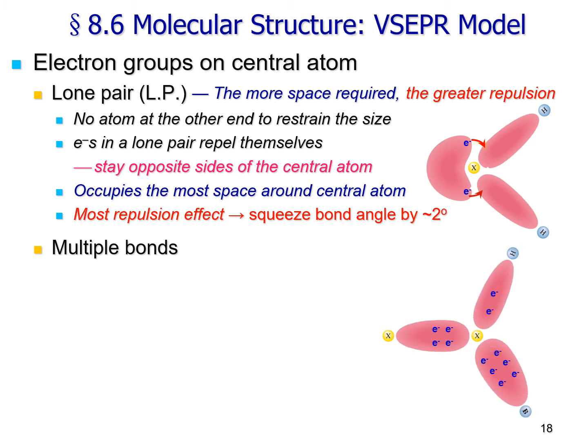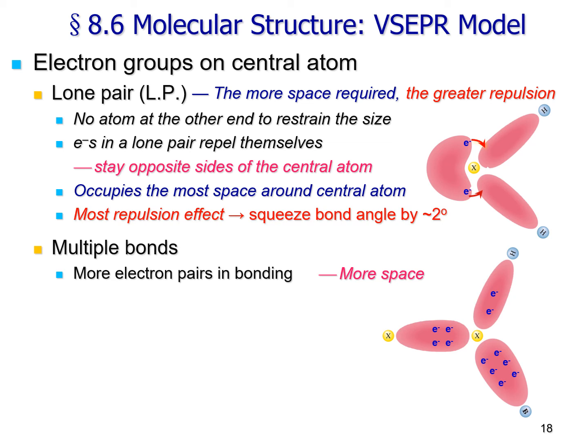As for the bonding pairs, now we start to see the difference. We've got a single bond, double bond, and triple bond. Triple bond has 6 electrons very much concentrated in one region, and they definitely are going to occupy more space in order to reduce the repulsion between them.